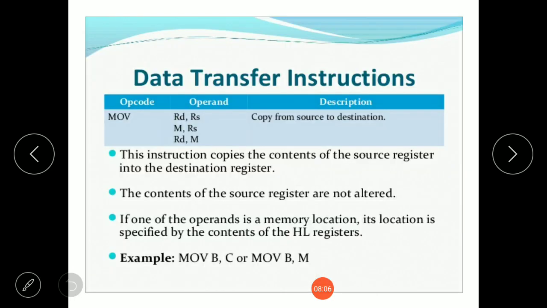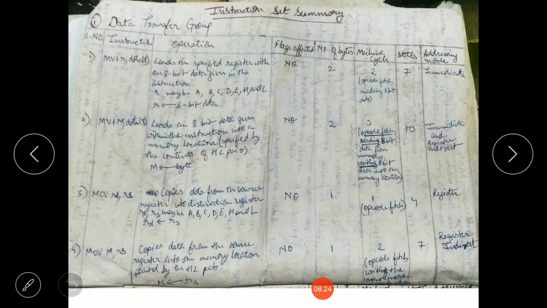For example, MOV B, C. Both are registers. So it will copy the content of register C and store it in register B. This is what the instruction does.